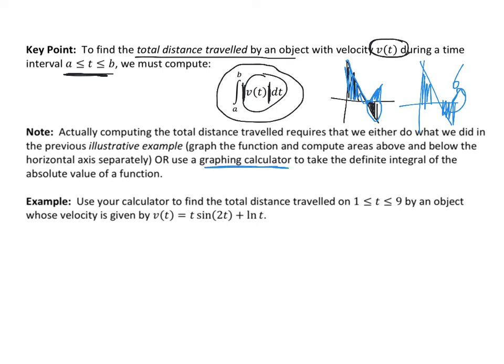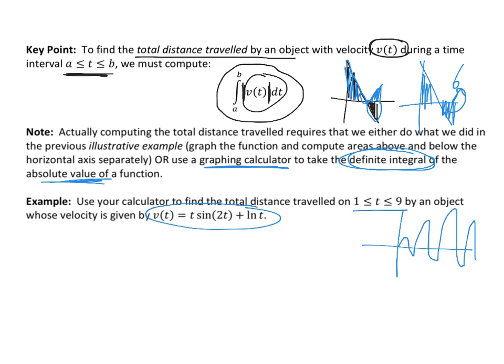If it's a calculator problem, you can just use the graphing calculator to take the definite integral of the absolute value of the function. So this quick example that we should be able to do in less than a minute: use your calculator to find the total distance traveled between 1 and 9 by an object whose velocity is given by this thing. And I promise you, this curve does some wacky stuff, right? So we would not want to try and do this integral by hand, right?